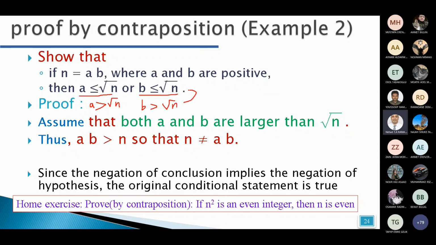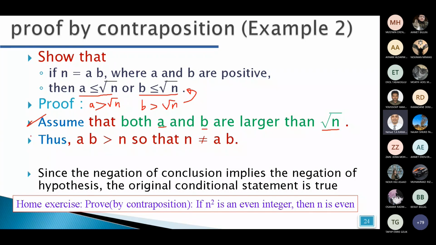So assume that both a and b are larger than root n, because I gave you a less than or equal to the root of n, so the opposite is a greater than the root of n. So we assume the opposite, that both a and b are larger than root of n.